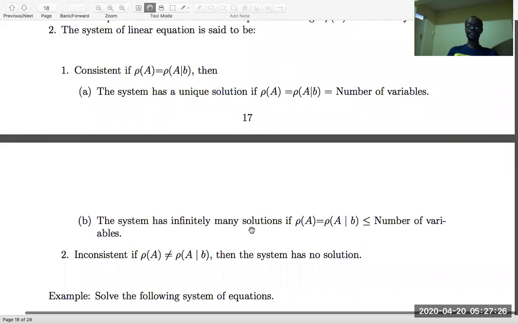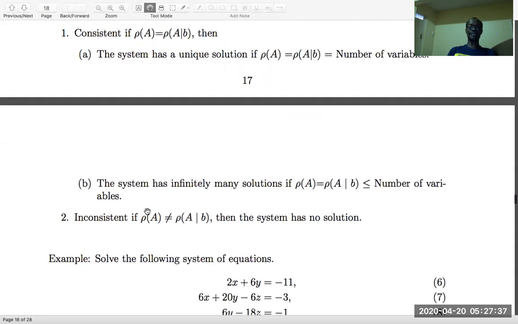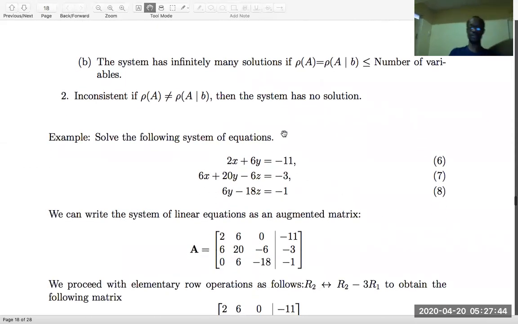The system has infinitely many solutions if the rank of matrix A is equal to the rank of the augmented matrix and that rank is less than the number of variables. Inconsistent is if the rank of that is not equal to this, then the system has no solution.